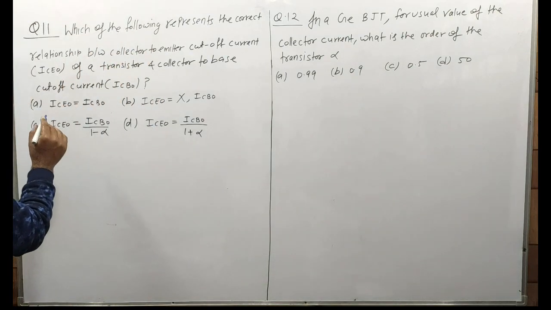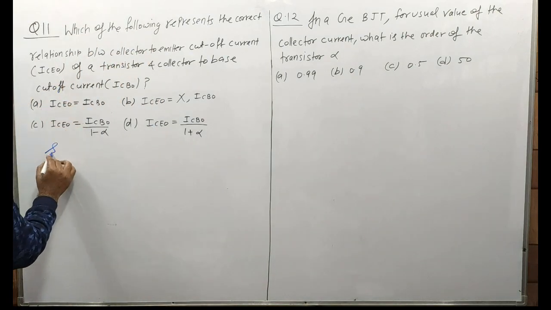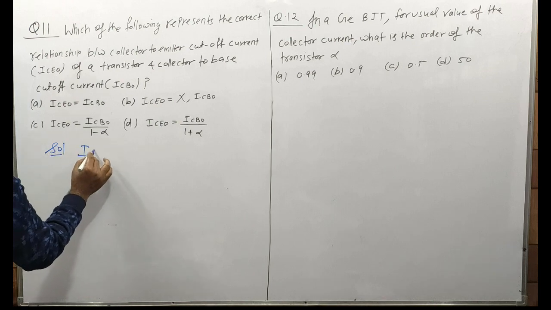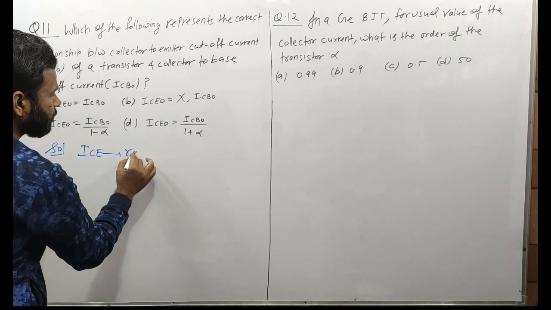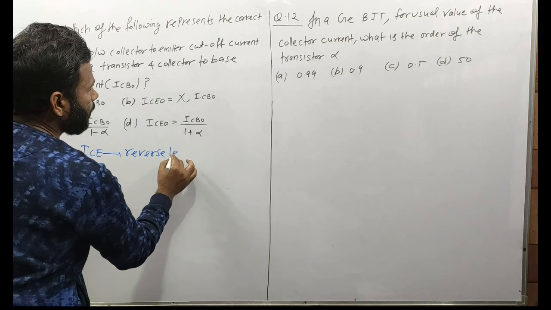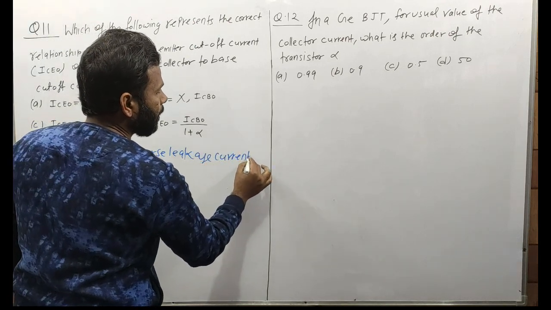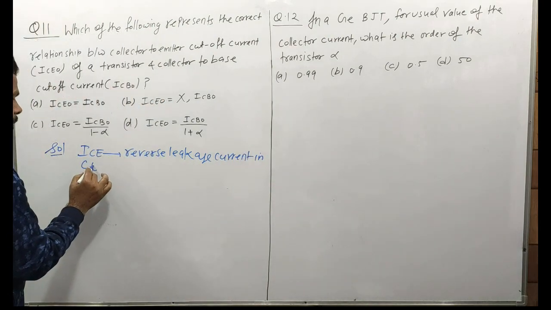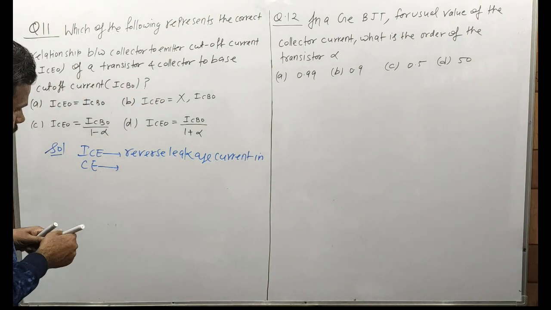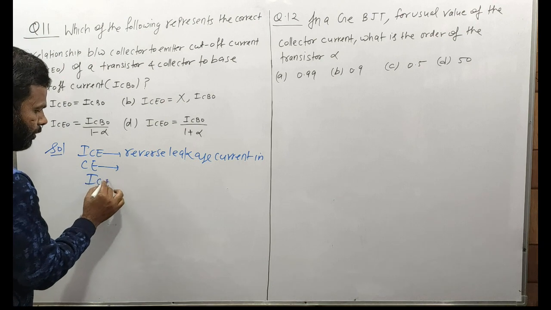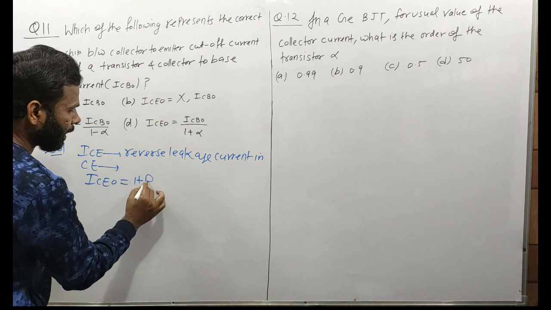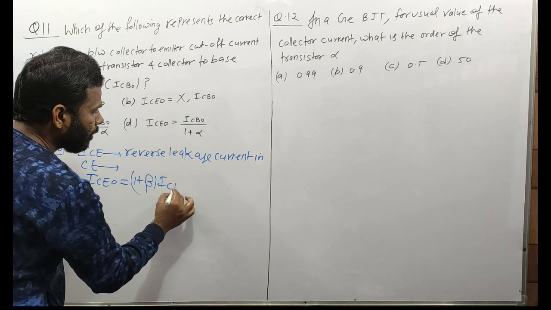Now if I talk about the common emitter, this ICEO is the reverse leakage current in common emitter configuration. Clear? So this ICEO is equal to 1 plus beta times ICBO. Now what is beta?